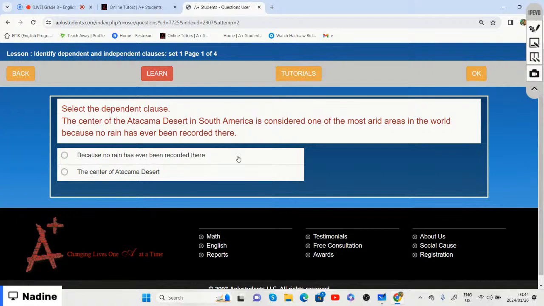So, "because no rain has ever been recorded there," or "the center of Atacama Desert." We need to select the dependent clause.